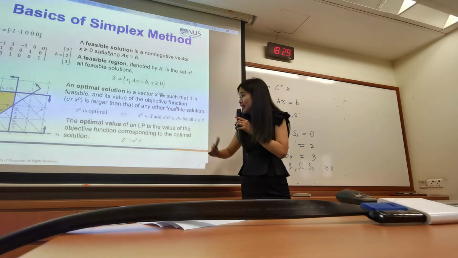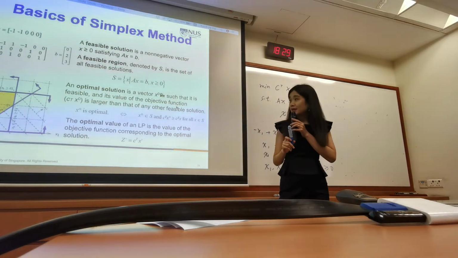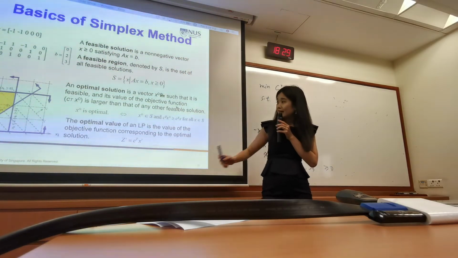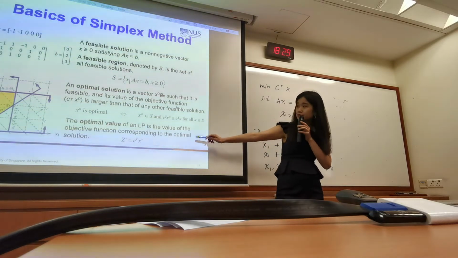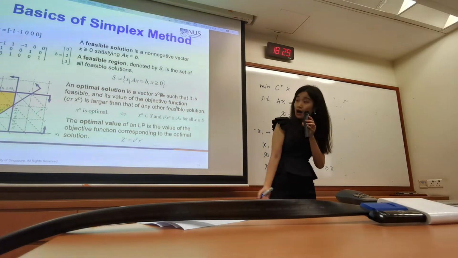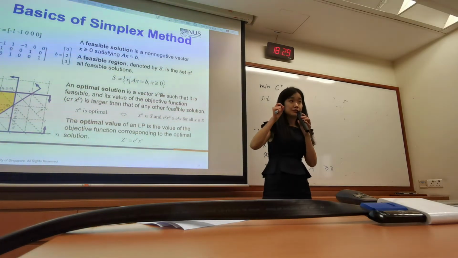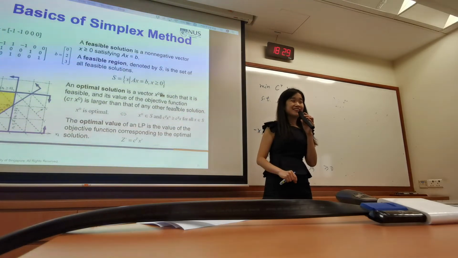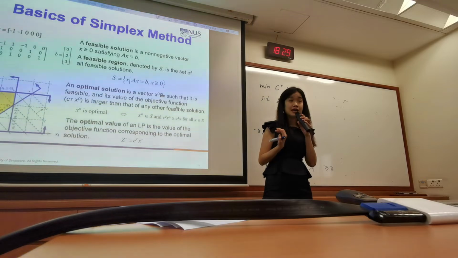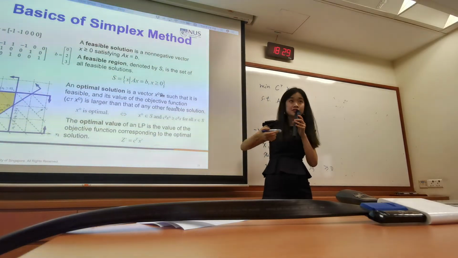And then the optimal value of this linear programming will be the value of the objective function corresponding to the optimal solution. So it's your total profit, or your maximized total revenue.